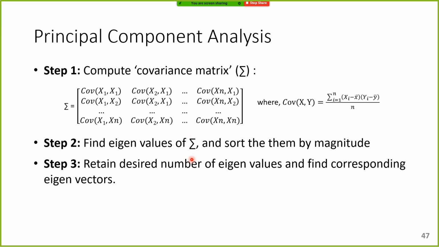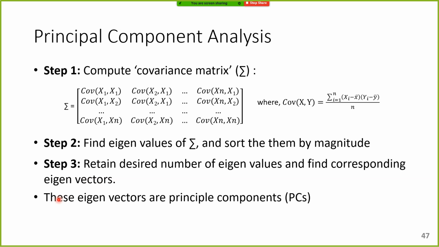We can retain them and ignore the rest. For the retained eigenvalues we find the corresponding eigenvectors, which are called principal components. Then we project our x data or input data on these principal components, and then we perform whatever regression, classification or clustering analysis that we want to do.